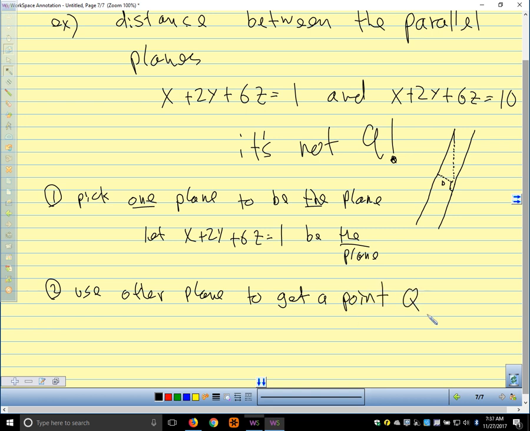I'm going to say a point Q. So on the other plane, let's let y and z equal 0. So Q is the point 10, 0, 0.